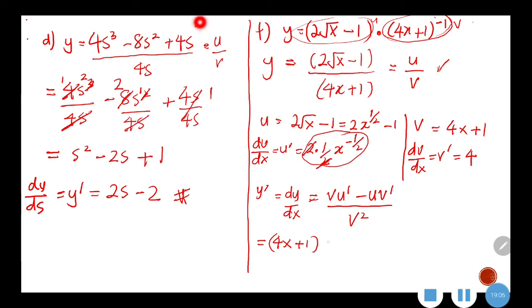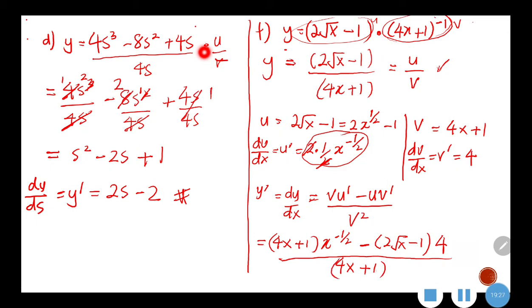So this is x power of negative half. Just put x power of negative half first, minus your u. Your u is 2 square root x minus 1, times v prime which is 4, over v square, so 4x plus 1 square. Okay, so that is the answer for F.